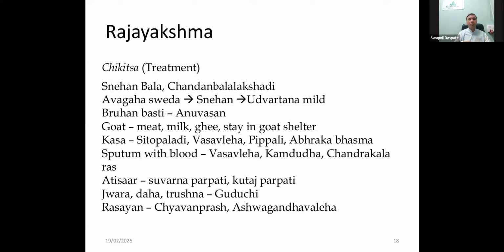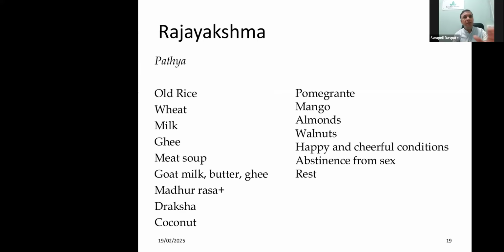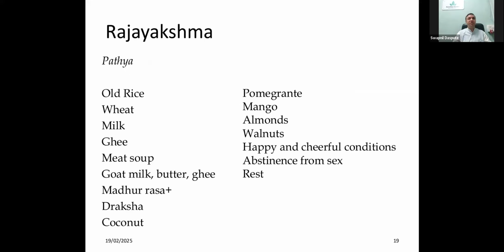Ashwagandha Leha also is a very good preparation. Chavanprash is more easily available, so it can be administered for all patients of respiratory problems. If Vasavaleha is not available, Chavanprasha Leha can be given for respiratory tract problems. In Rajakshma, Chavanprash will act better.